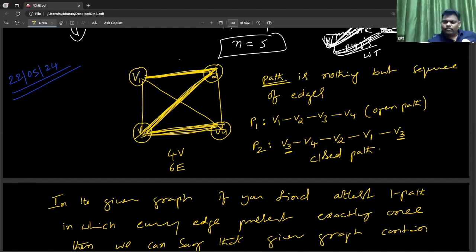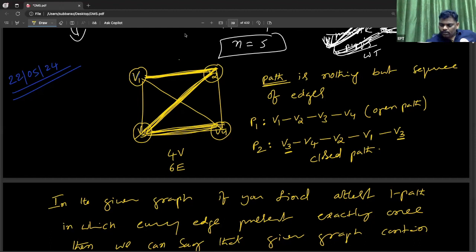Yes, anything. Someone is asking whether in the path definition an edge is repeated. See, it is a sequence of edges, nothing else. A sequence of edges is known as a path.